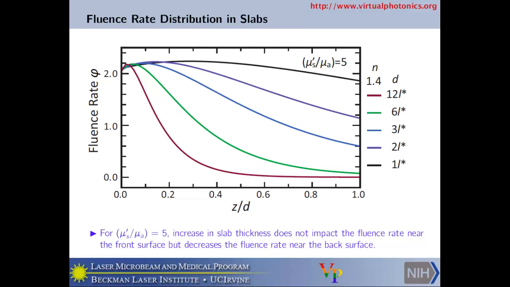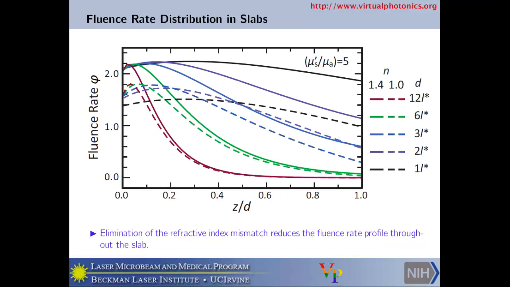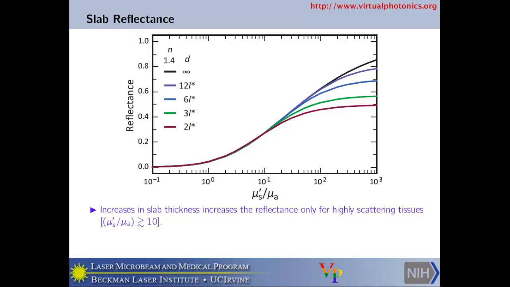So changes in slab thickness don't really affect the fluence rate at the front surface, but you have a big drop with increased slab thickness at the backside. And then you have less of a dramatic change when you have a refractive index matched system. And things change a fair bit with reflectance and transmittance.